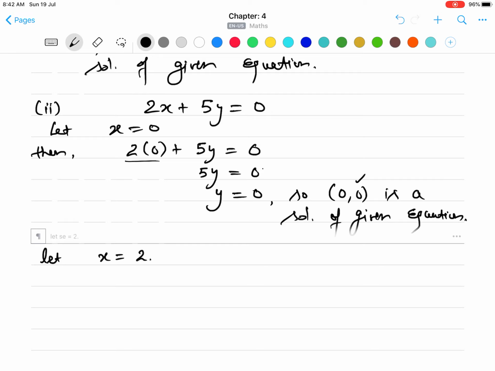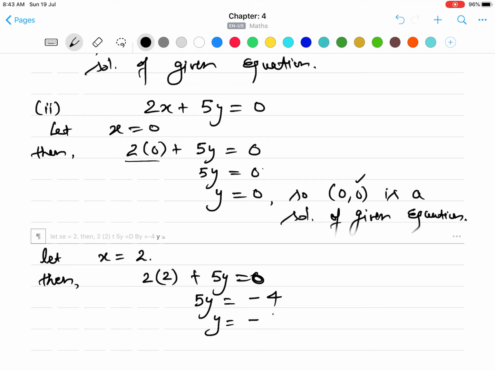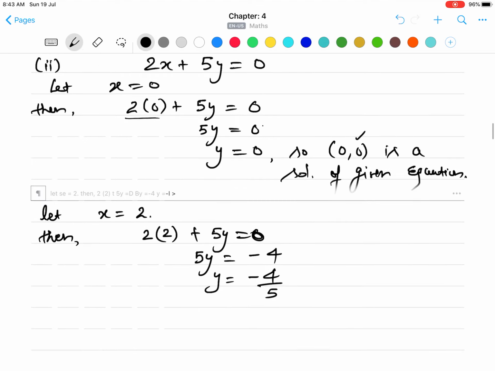So I've taken x equals 2, so then our equation will become 2 into 2, in place of x we'll write 2, plus 5y equal to 0. Okay, so this 2 into 2 will be 4, and when you shift this 4 onto the right hand side, it will be minus 4. So y will be equal to minus 4 by 5.